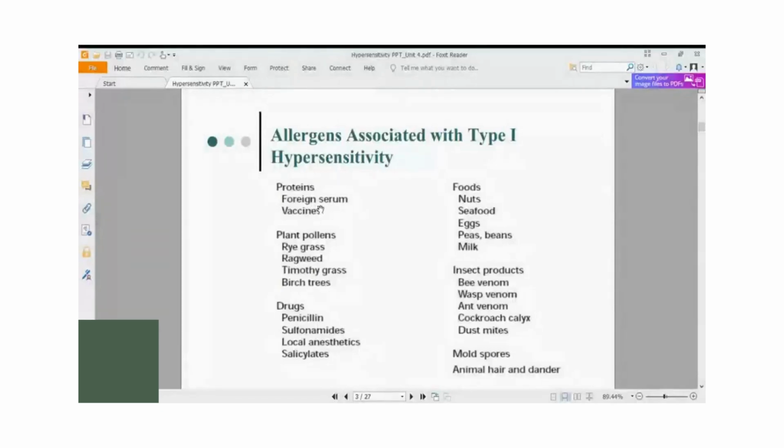Okay, then the proteins could be of food origin. They may be present in the food. Like there are people allergic to nuts. Some are allergic to hazelnut. Some are allergic to Brazilian nut. Some are allergic to groundnuts. So the nuts, which are nothing but seeds, contain different types of proteins.